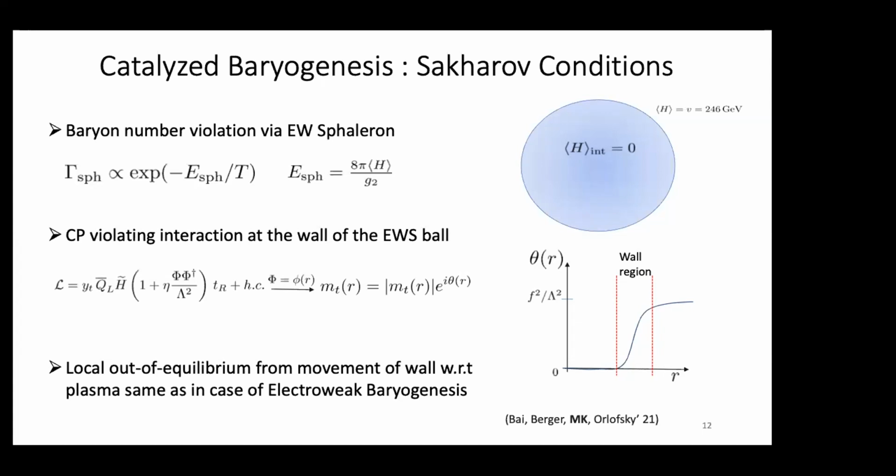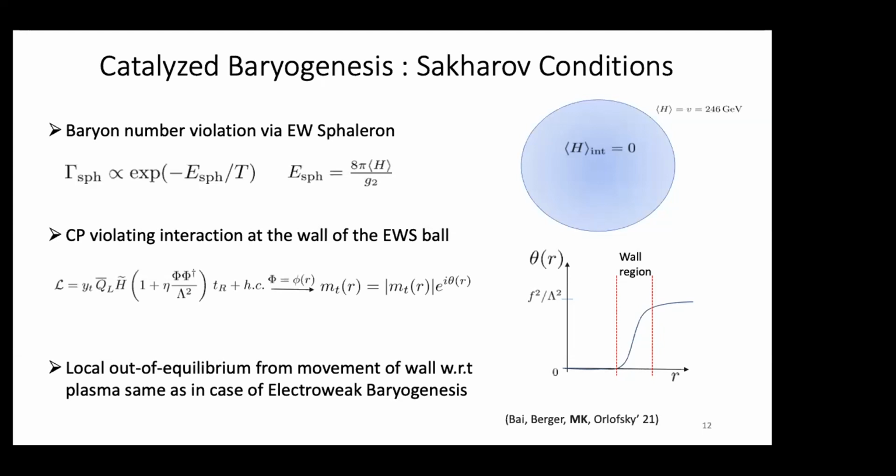For the CP violation, we do it in a similar fashion as in the electroweak baryogenesis case. You have to add some higher dimensional operator. Here we have a coupling with some field, which is also the field in this electroweak symmetric ball. The field has a profile, so it depends on the radius.